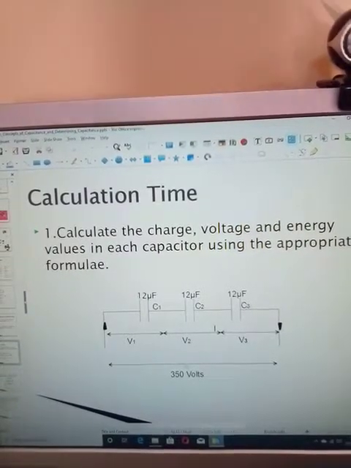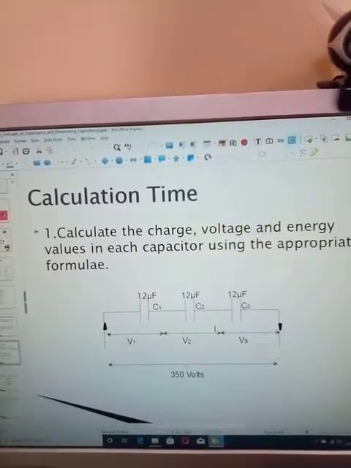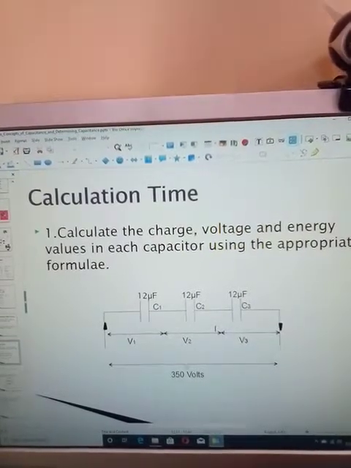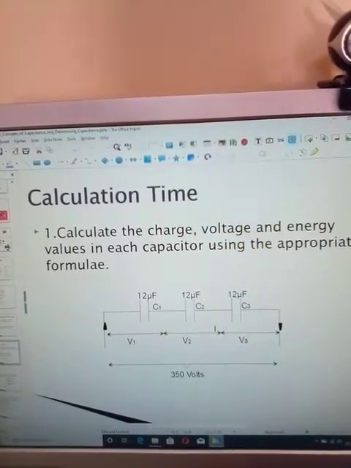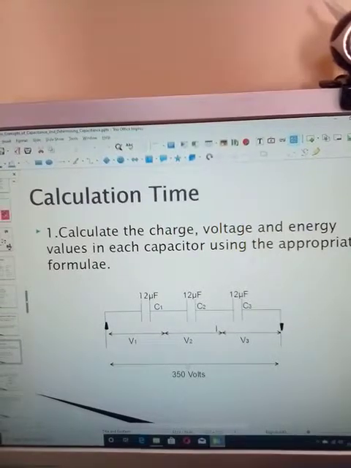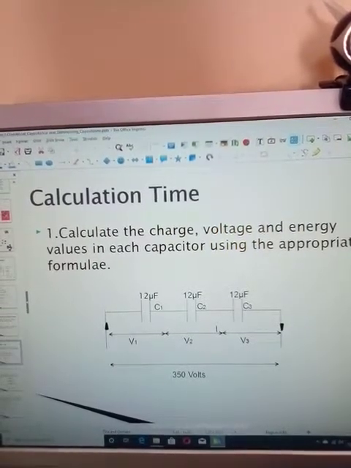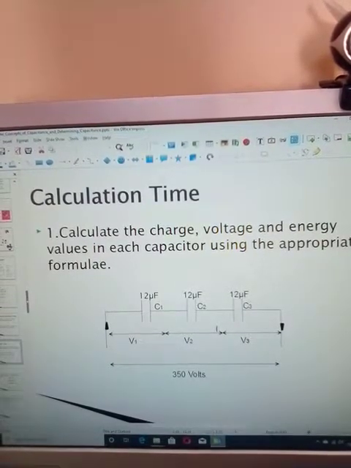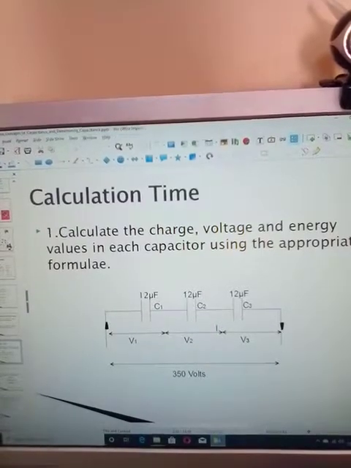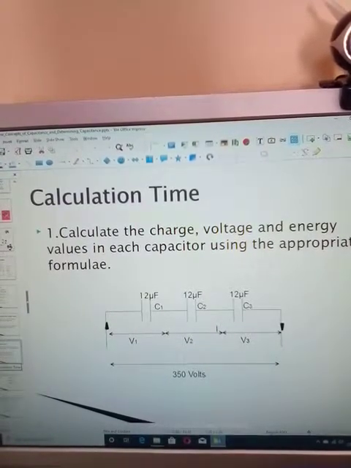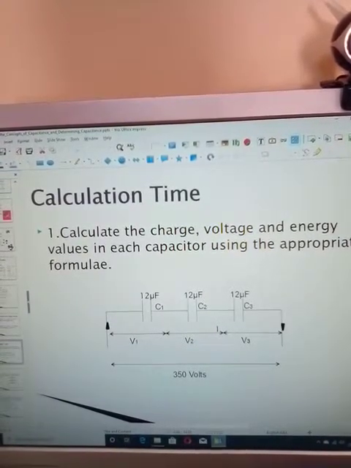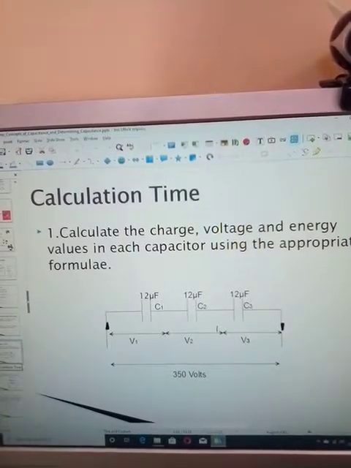Now here we have calculation time. Calculate the charge, voltage and energy values in each capacitor using the appropriate formulae. Now this is just a question for you to do yourselves, looking back at the information I've given you and the formulas I've given you. You should now be able to do this for yourselves. I will not be doing this for you, okay?